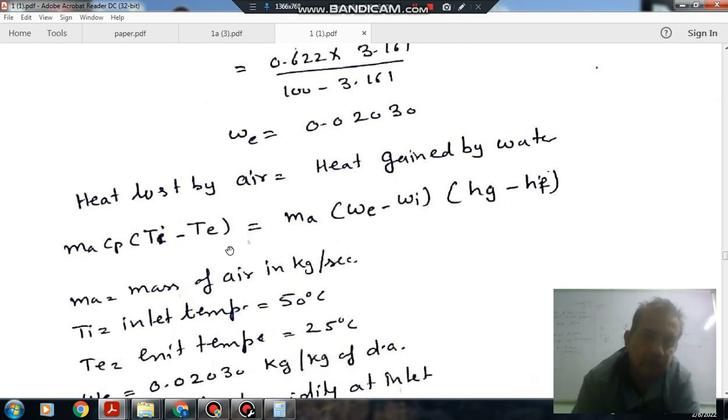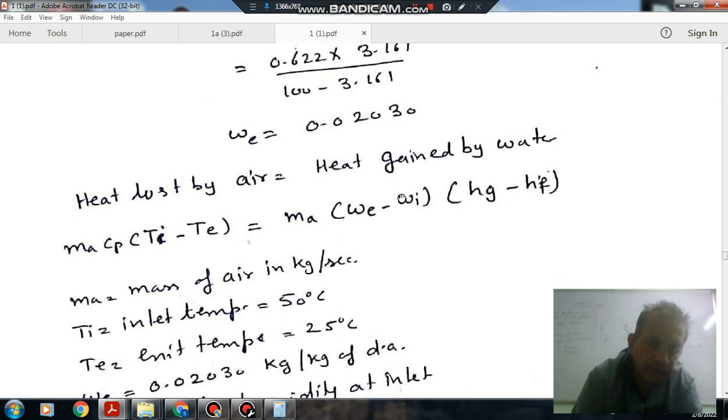Now this is the exit specific humidity of the water vapor of the exit air, which means this much kilogram of water vapor is present in 1 kilogram of dry air. And let omega I be the inlet specific humidity.